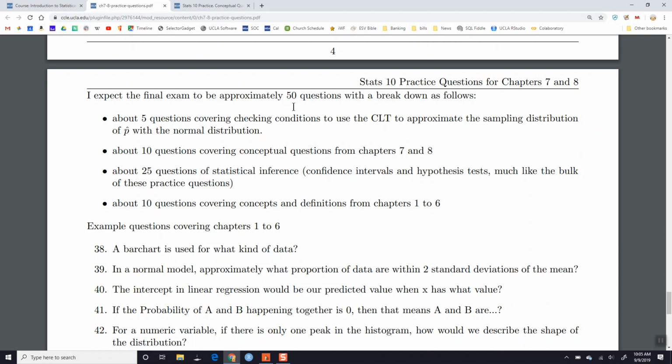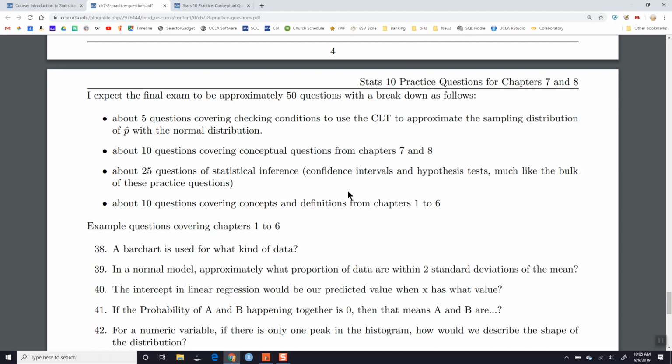I know in the syllabus I wrote that we're going to get through chapter 9, but with the Labor Day holiday and losing an entire lecture, I'm going to have to stop at chapter 8. Okay? And so you'll have about 5 questions or so covering checking conditions to use the central limit theorem. There were a few examples of that in this practice set, and you will check to make sure it's okay to use the central limit theorem.